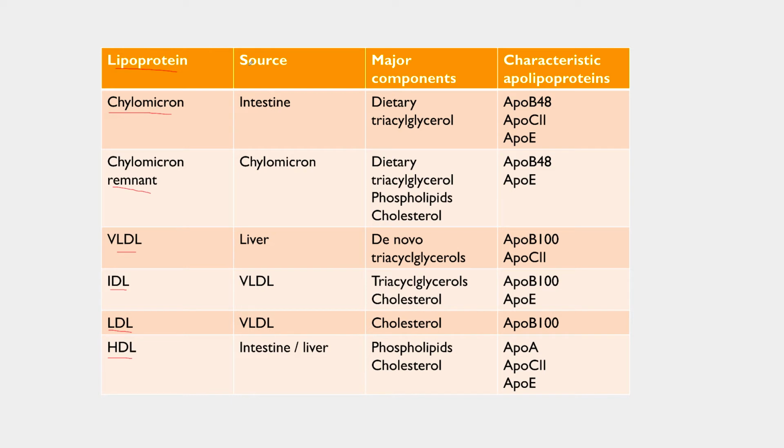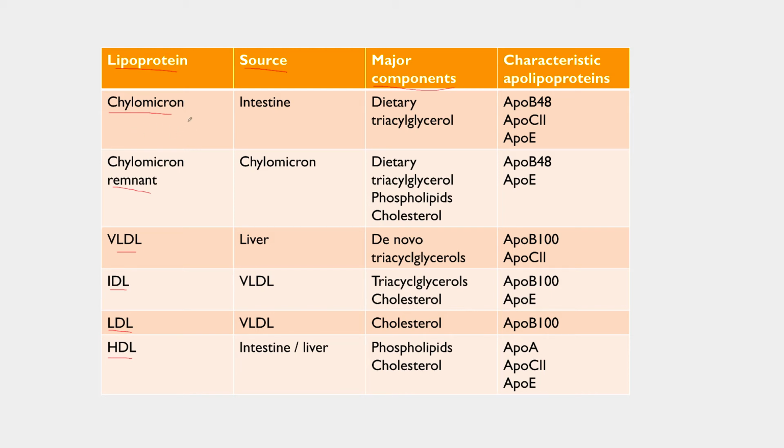It will be important to note where these lipoproteins originate from, what they carry, so what the major components of the lipoprotein are, as well as the characteristic apolipoproteins associated with these specific lipoproteins. Again, this is abbreviated from the larger table in your textbook, but this will serve as a nice guide as you go through the week's material, and this will be our major focus. We'll talk specifically about each of these lipoproteins in subsequent discussions.